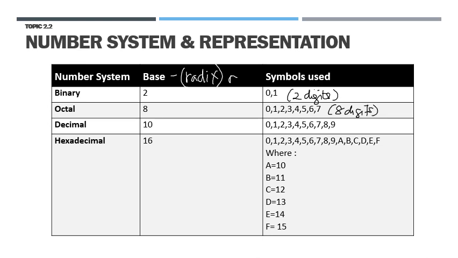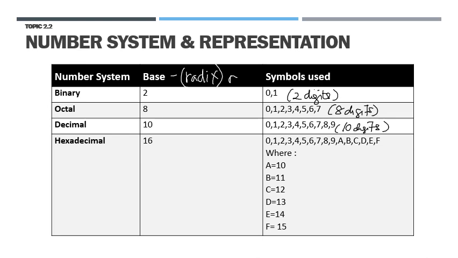8 digits: 0, 1, 2, 3, 4, 5, 6, 7. For decimal, base 10, they use 10 digits: 0, 1, 2, 3, 4, 5, 6, 7, 8, 9.